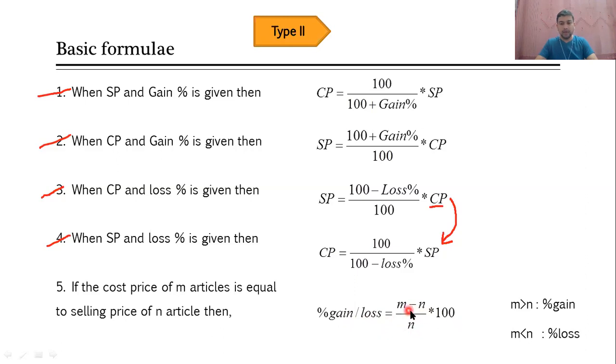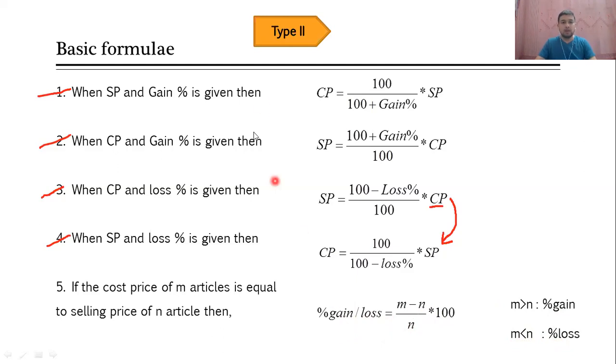If M is greater than N, then there will be percentage gain. If M is less than N, there will be percentage loss. We will see problems based on this so that these formulas will be clear to you, but you have to remember all these 5 formulas.